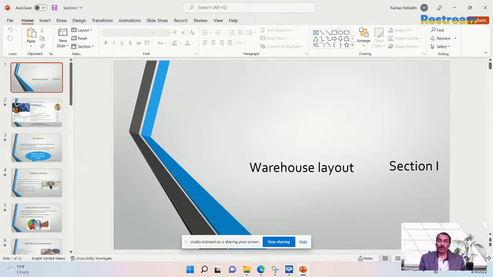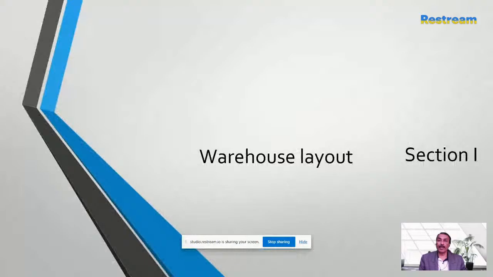Today we are going to see an important topic on warehouse layout. When we talk about a warehouse, this could be a store attached to a manufacturing plant, or a separate standalone warehouse, or a distribution center, or a fulfillment center. When we prepare the layout, there are a lot of external as well as internal factors which have to be considered.